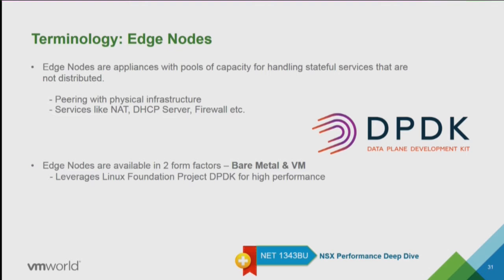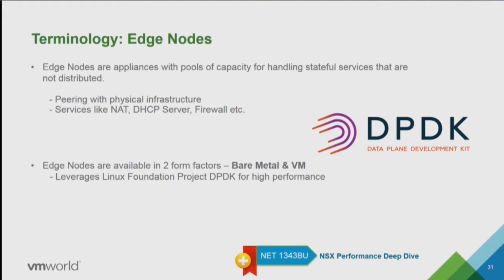The difference from NSX-V is the edge nodes are available in two form factors now. We have the VM form factor, obviously, but we have also introduced a bare metal form factor for the edge node for customers who need high throughput and small packet sizes, who want to do very heavy NAT type of workloads, and they don't want to be limited by the throughput of a VM.